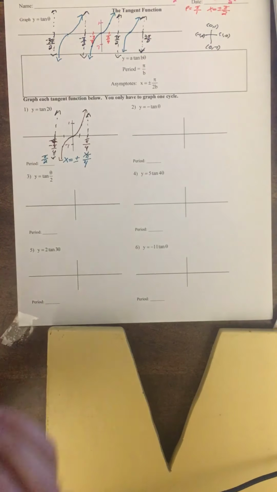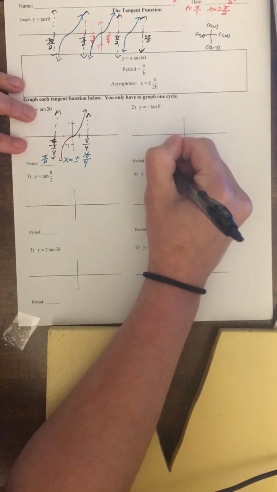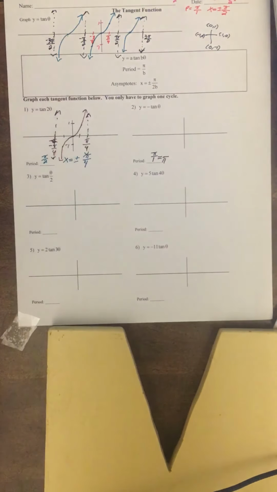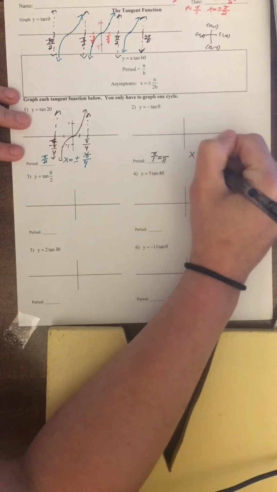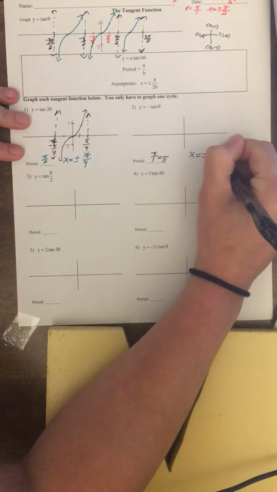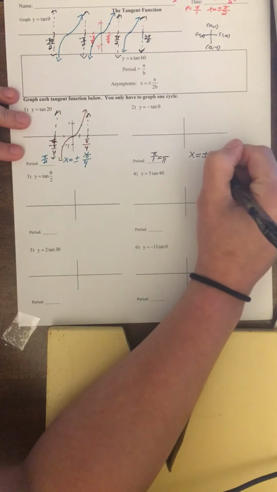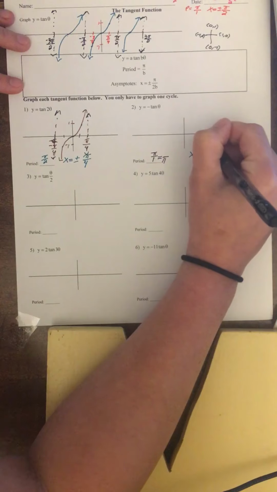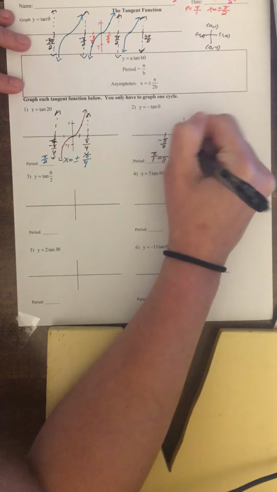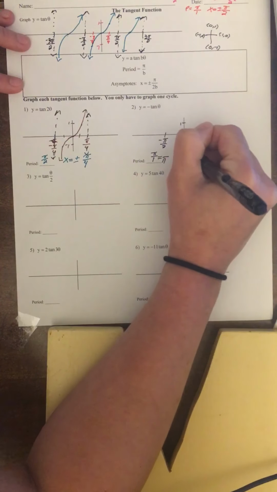So in number 2, the period is pi over b. So here b is 1, so it's pi over 1, which is just pi. And our vertical asymptotes are x equals plus or minus pi over 2b, which would just be pi over 2. So we can say one's here at pi over 2, right here at negative pi over 2.